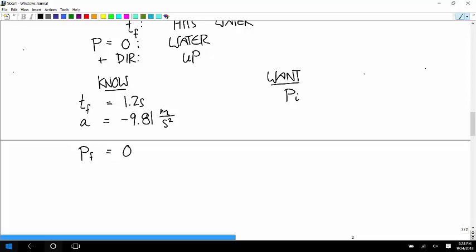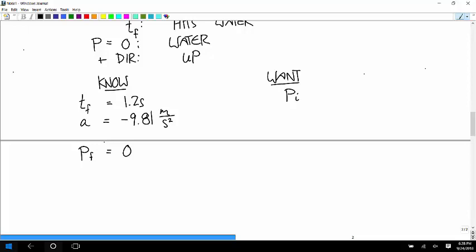Meters per second squared for acceleration, yes. And if you always choose your positive direction up, that's always going to be negative 9.81. Say you throw something up into the air, on the way up.